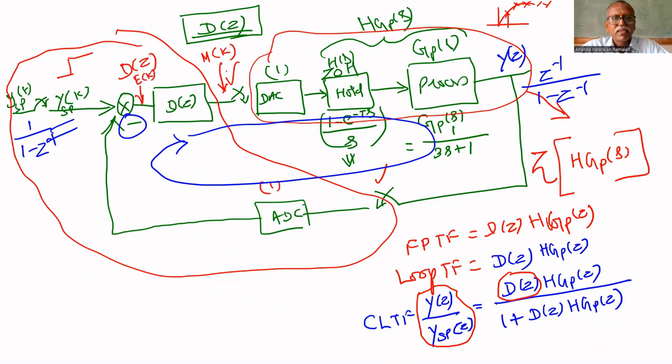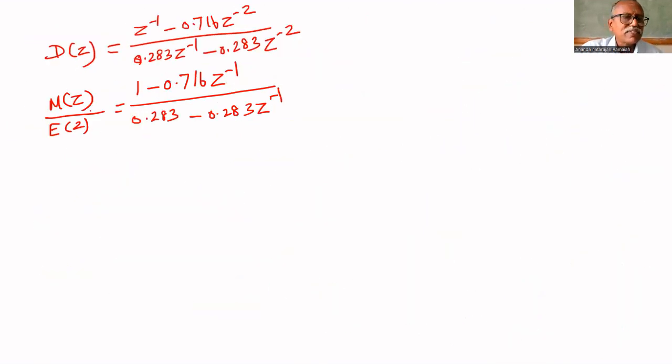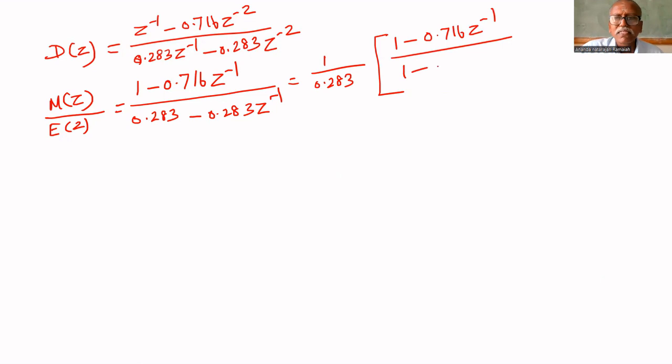So we can write D of z as M of z by E of z. Cross multiply: you can take this 1 by 0.283 outside and write 1 minus 0.716 z power minus 1 upon 1 minus z power minus 1.